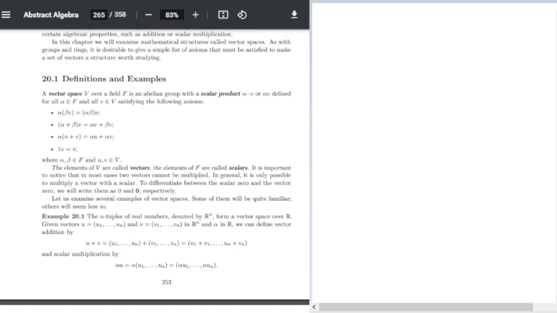A vector space V over a field F, note here the fact that it's over a field F is going to be important, is an abelian group with a scalar product α·v.